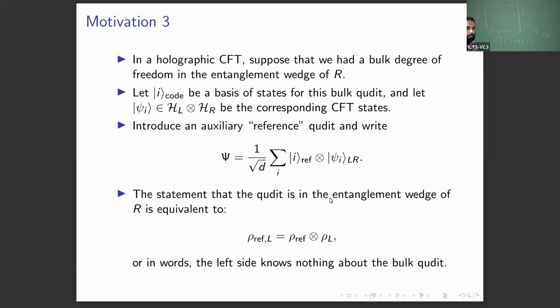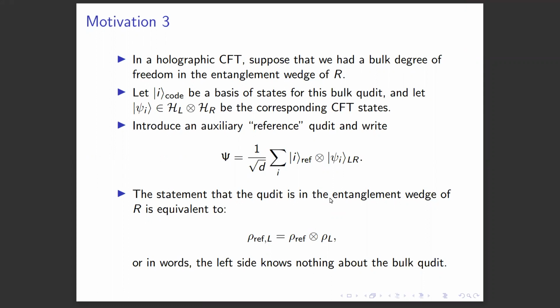By construction it is not inside. Yes, I am changing the state, because this capital Psi is a different state. I'm looking at a different state, which is this capital Psi. And you'll see in a bit why I'm interested in capital Psi.